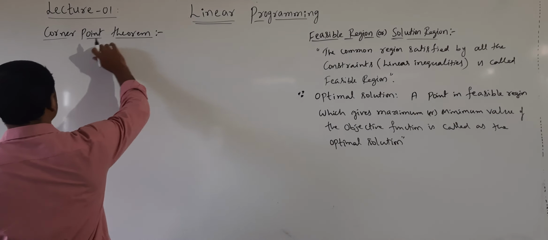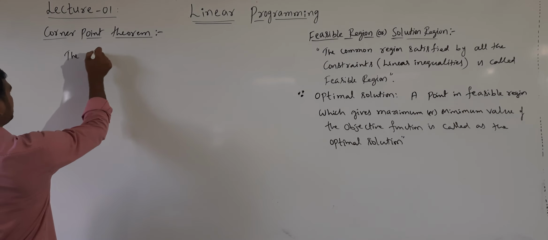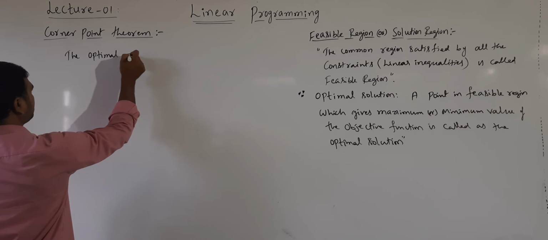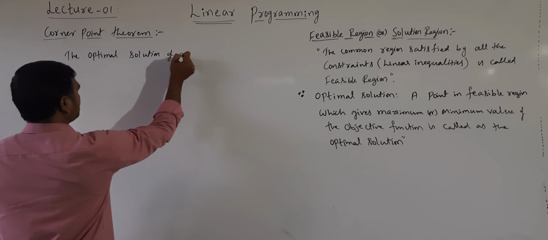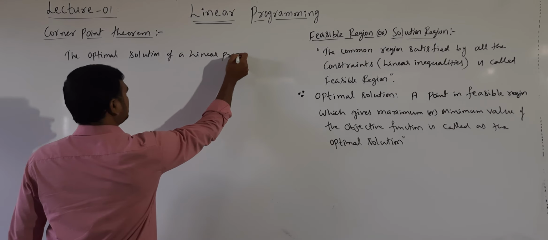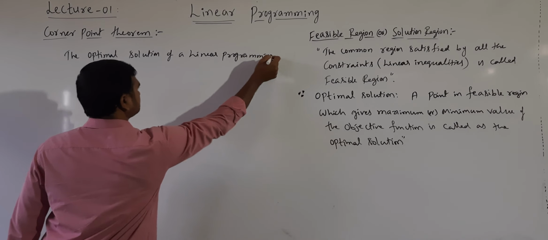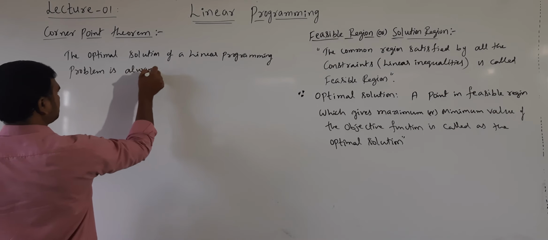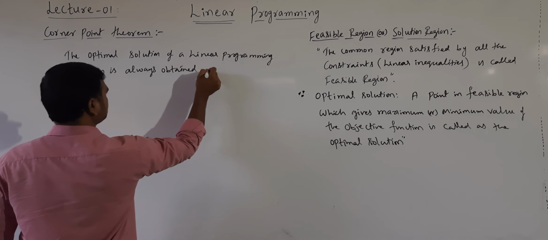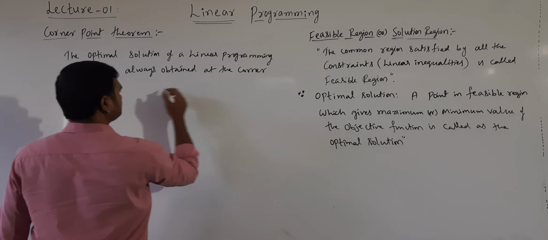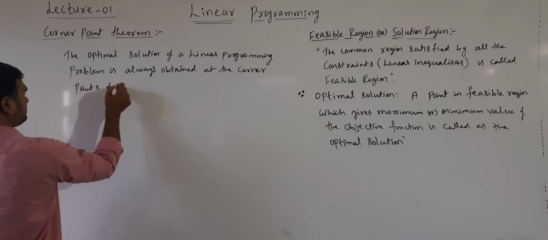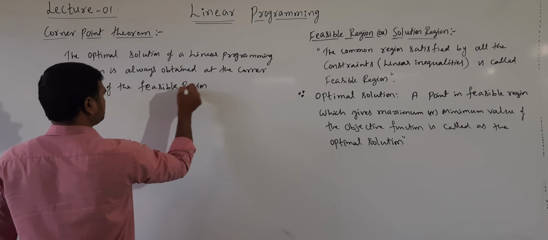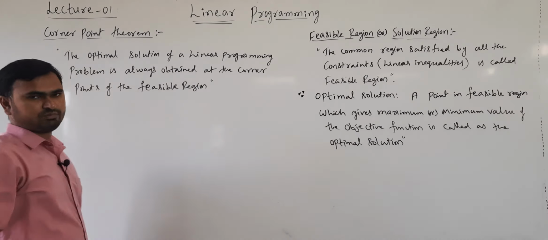So this is what the corner point theorem says: the optimal solution of a linear programming problem is always obtained at the corner point of the feasible region. This is what the corner point theorem says.